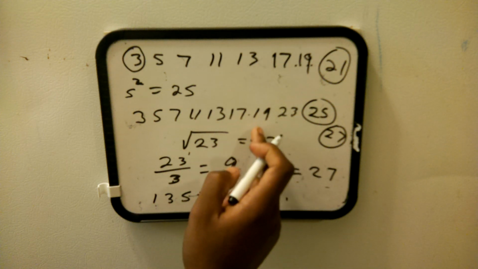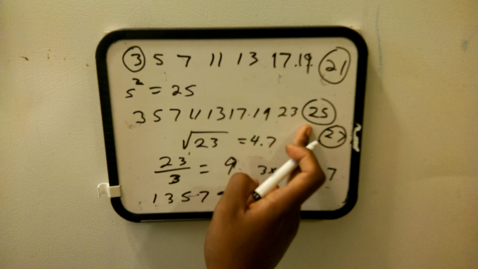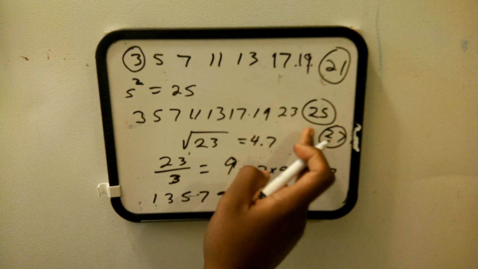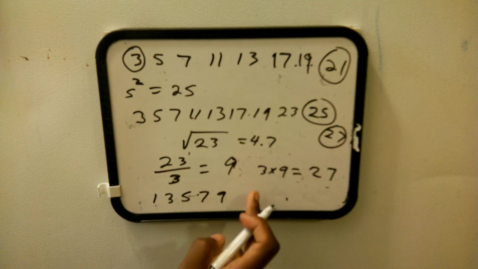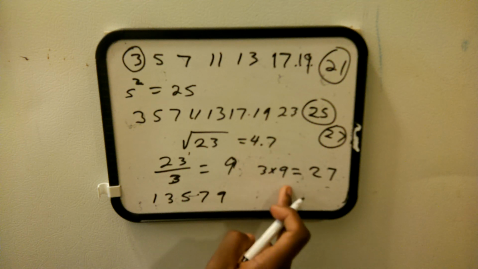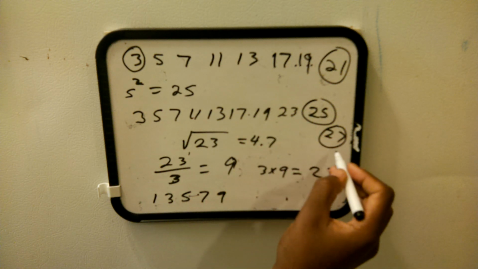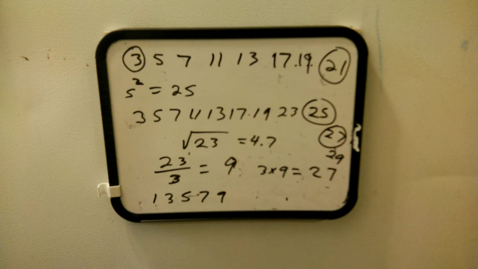We go in order: 19, 23. 25 is not prime because it's the square of 5. 27 is not prime because we just figured out that that's 3 times 9. So that would only leave us with the next number, which would be 29. That's your next prime number right there.